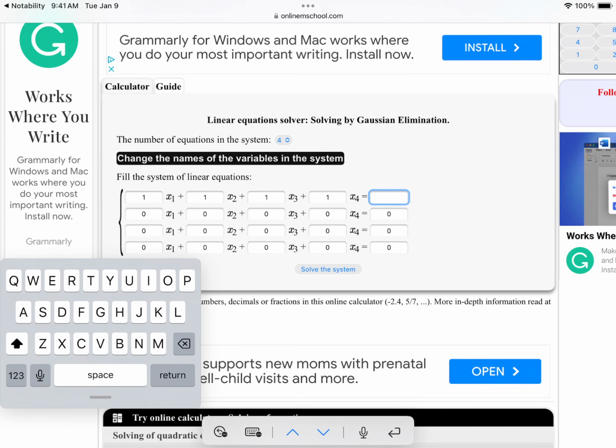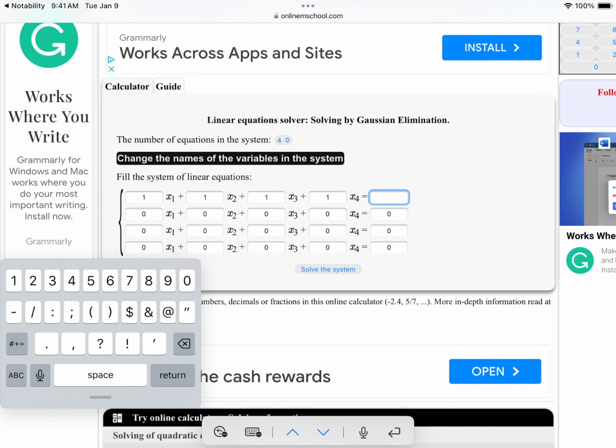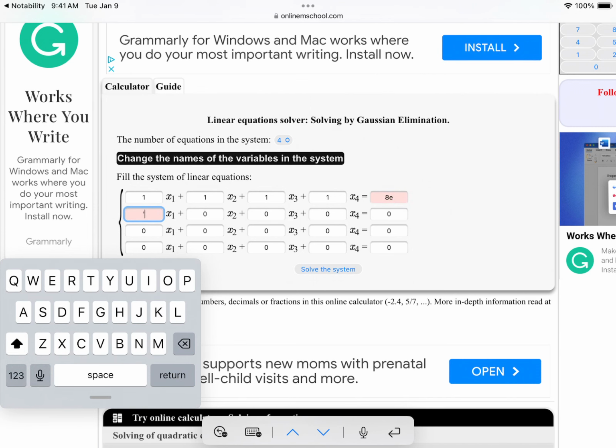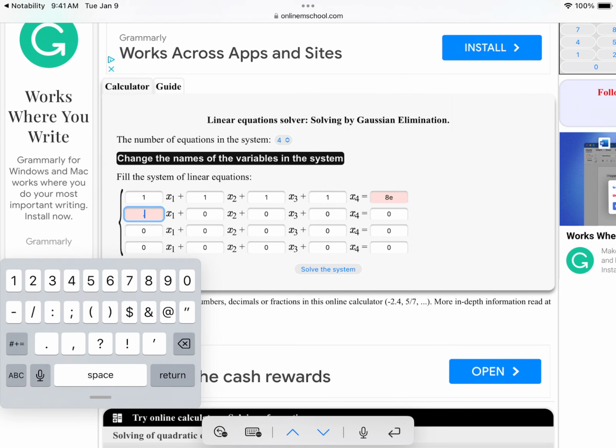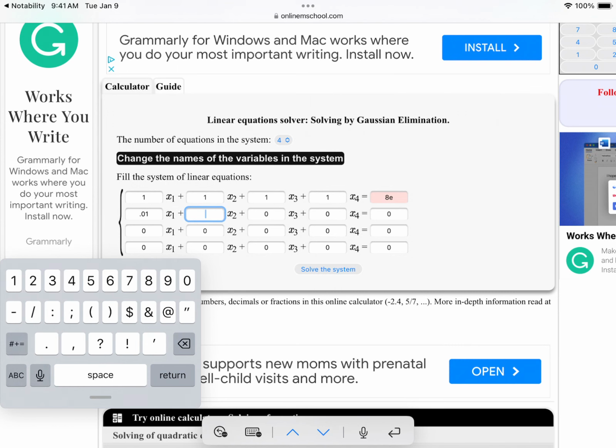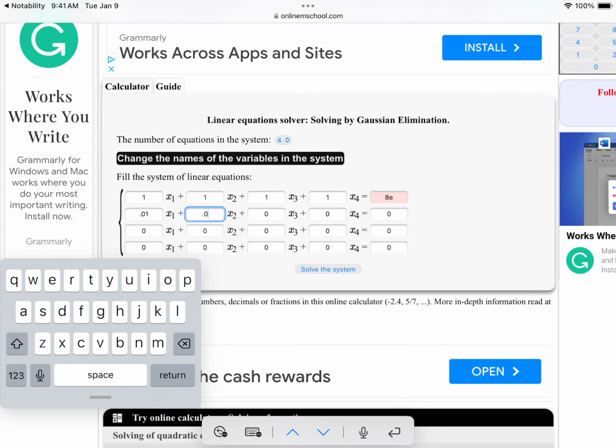This is supposed to be an 83. Cool. This is supposed to be a 0.01. This one is supposed to be a 0.05. No, not a 0t. What are you doing to me? 0.05, right? Okay.